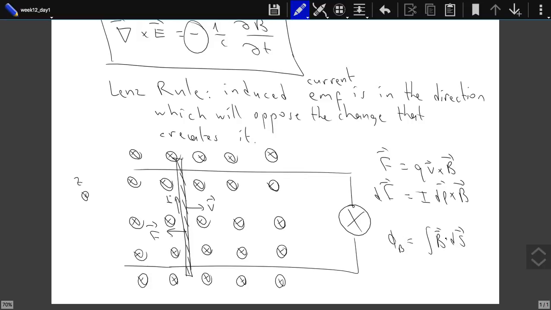So the Lenz's rule is nice, but it's just a statement of energy conservation. If there is a change that's created a current, then unless energy is conserved, the current should resist it, so that we should do some more work to keep getting more and more current passing through our system.